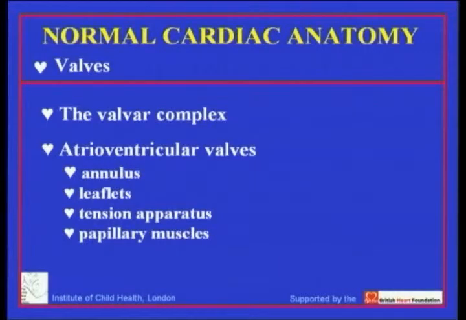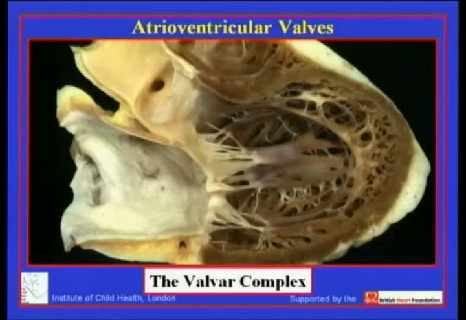And of course, part and parcel of that tension apparatus, providing the link between the valvar structure and the ventricle, are the papillary muscles, because for each of the valves there is more than one papillary muscle. So this is the overall component of the valvar complex, and if the valve is to work properly, it's essential that all of these anatomic bits work in harmony.